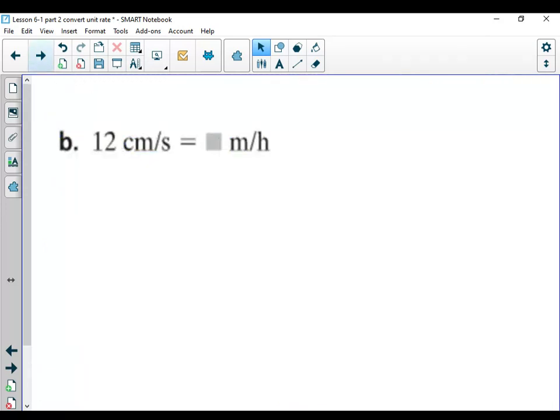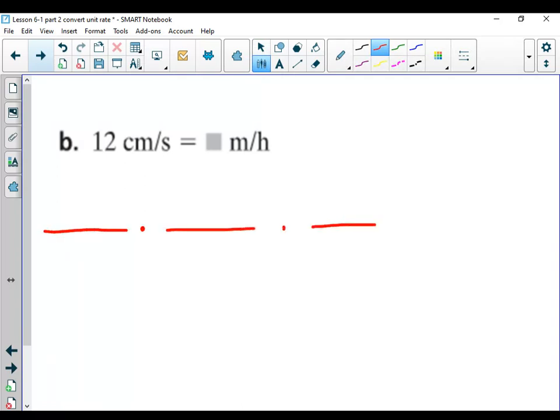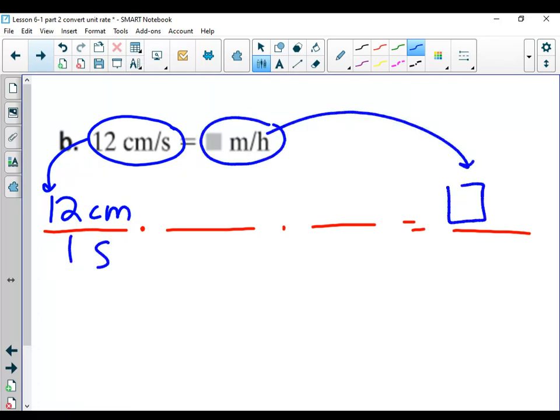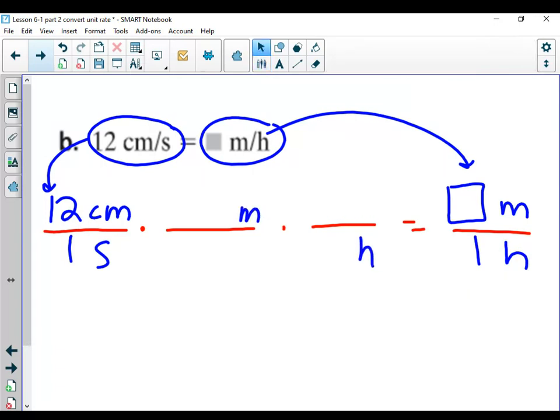Number 3. All of that was set up. None of that was math.